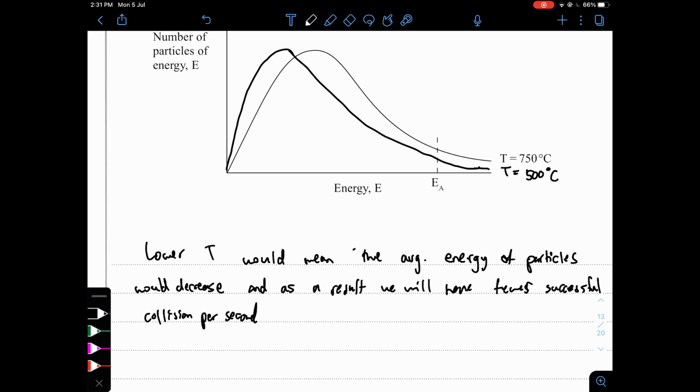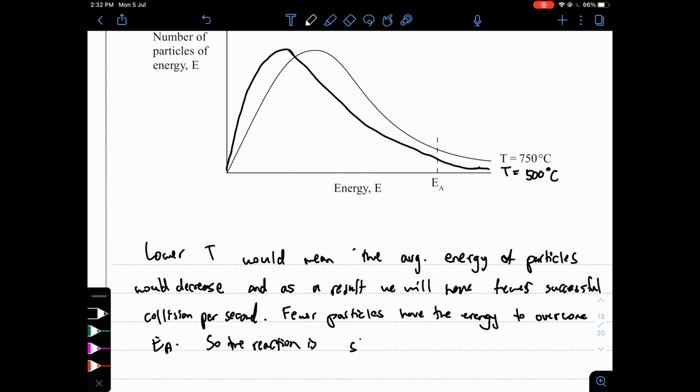So with fewer collisions per second, and since fewer particles have the energy to overcome the activation energy, the rate is slower. So the rate decreases. The reaction rate is slower.